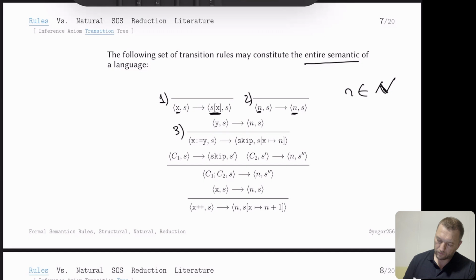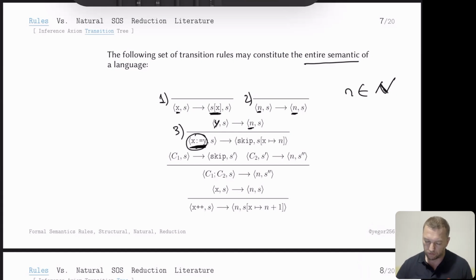Rule number 3. If you see y, and this y can be transferred, when you see the system with the state, to n, so y is understandable as a number, then x equals y, this syntax construct, you just remove it, so skip it.